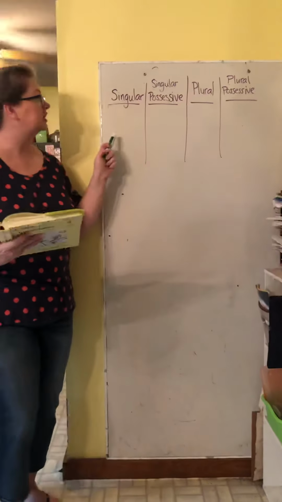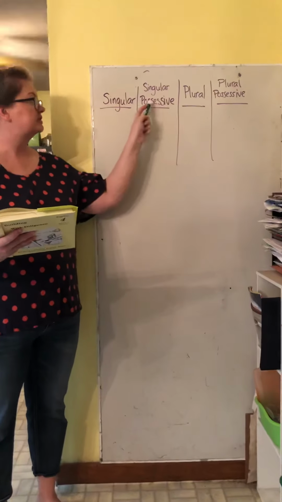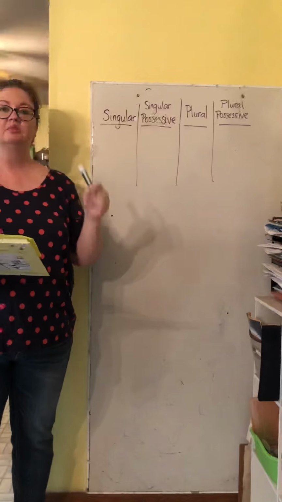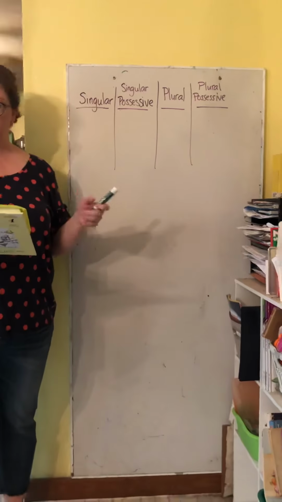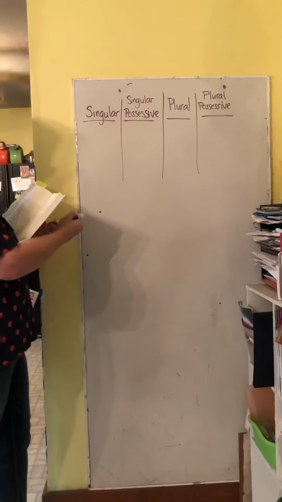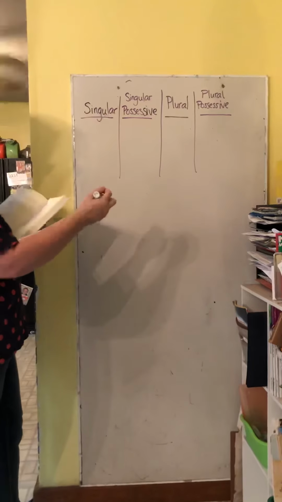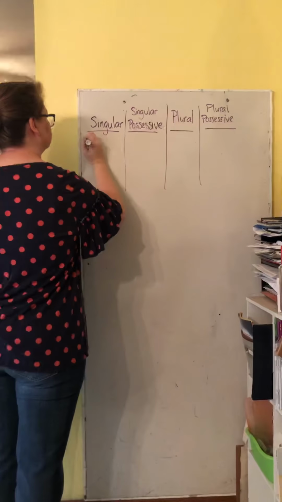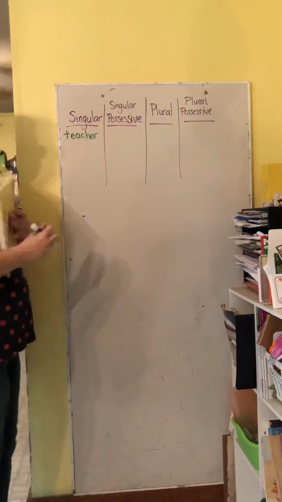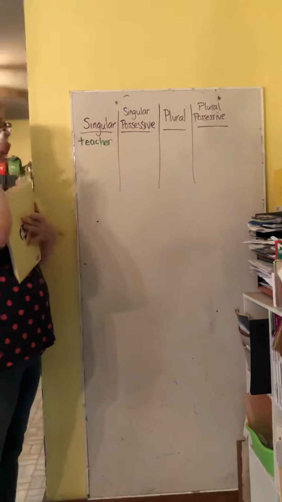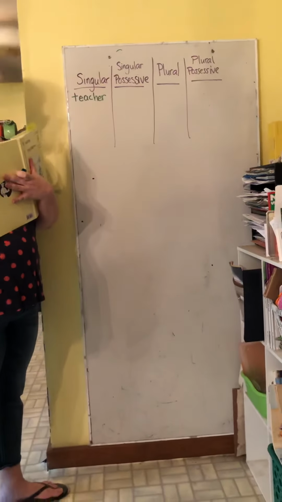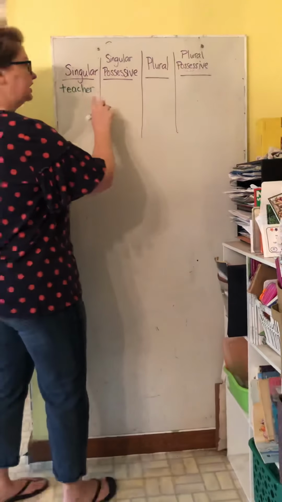So I have a chart up here, and we've already talked about singular nouns and plural nouns, right? Singular means one, plural means more than one. So I'm going to put a few words up here. So I have the word teacher. In order to make the word teacher plural, meaning there's more than one teacher, what am I going to do?